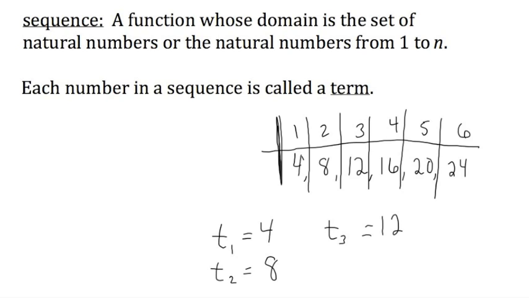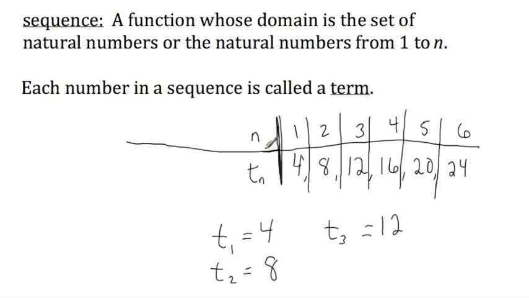Usually we will call the input value of a sequence n. Now we're going to use this notation right here to name the output value. But our output value, if we're labeling it, we don't want it to have a specific number, we want it to be general. So the output value, if it's still called t, would be t sub n, because n represents the input value.